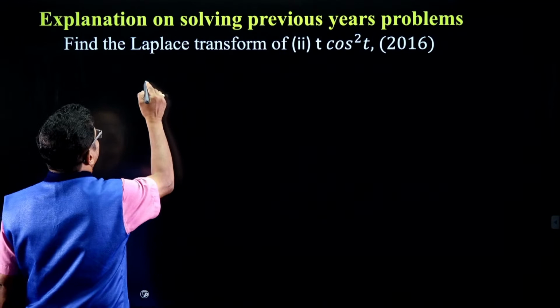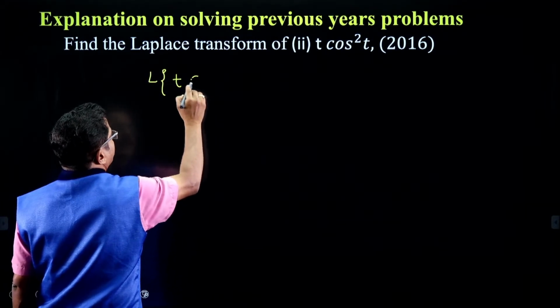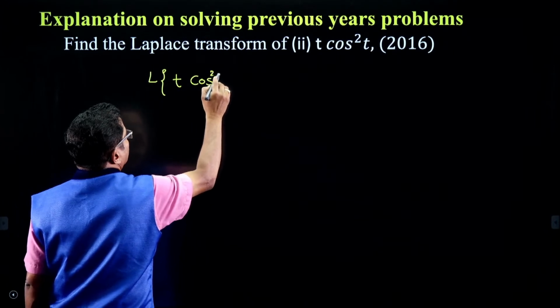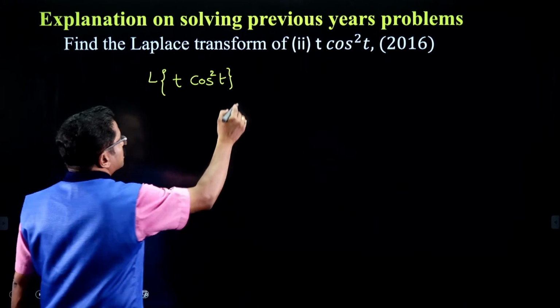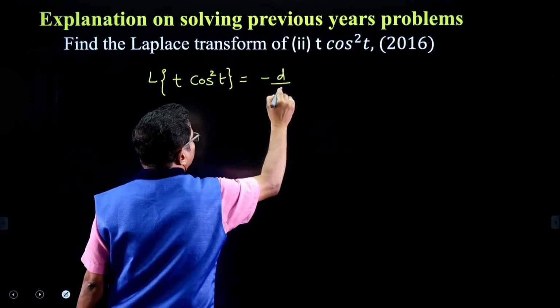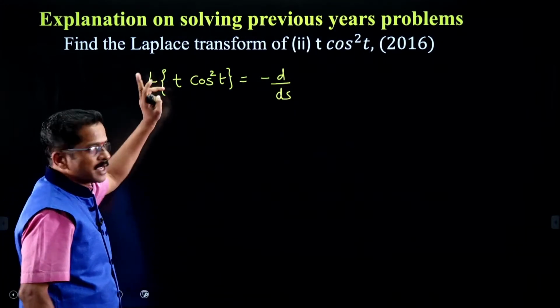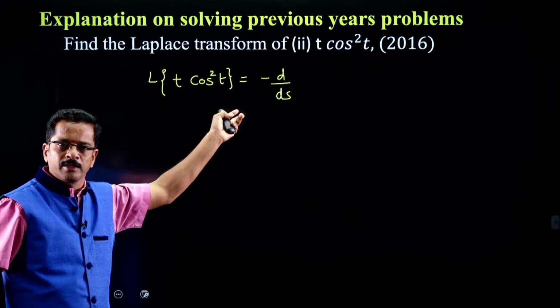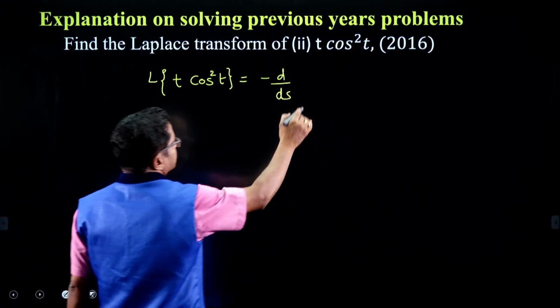So then L of t cos square t is equal to, again, minus d by ds of f bar of s.